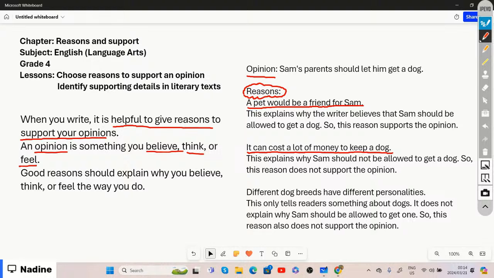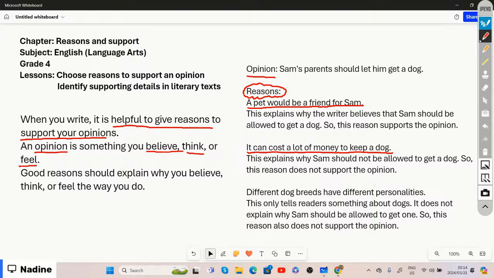And then it says different dog breeds have different personalities, and this only tells readers something about dogs. It does not explain why Sam should be allowed or not allowed to get a pet, so this reason does not support the opinion.